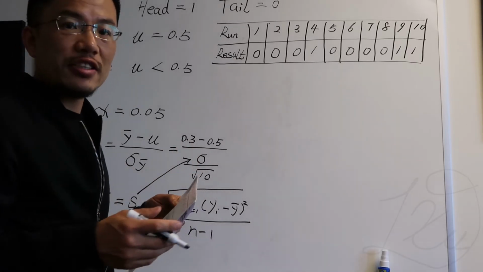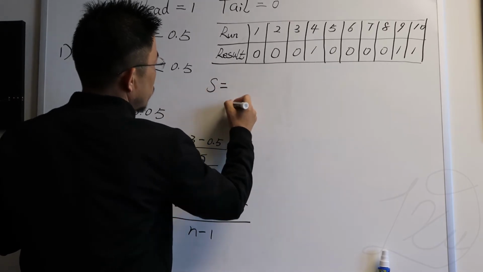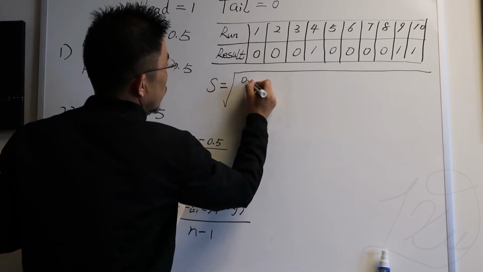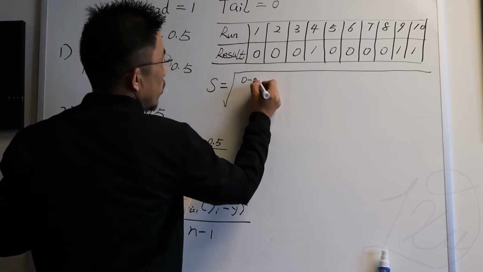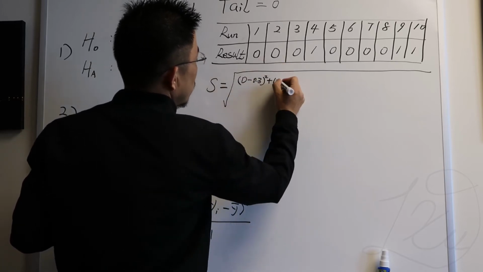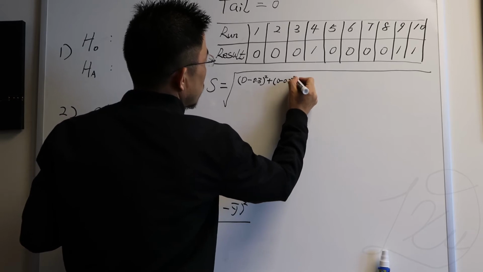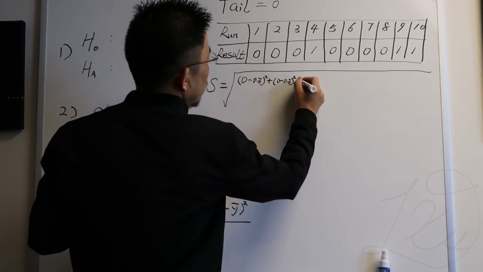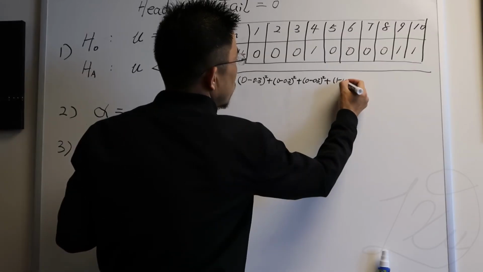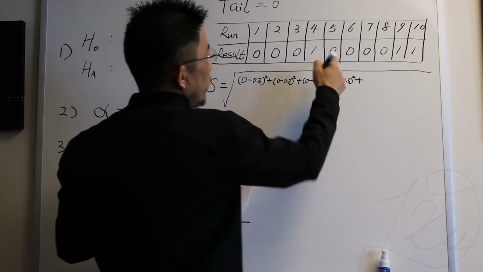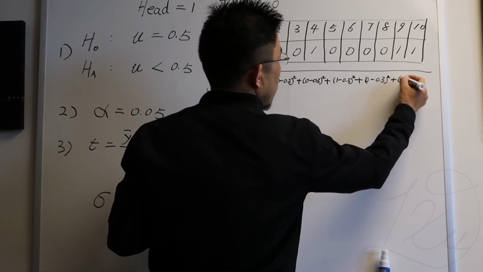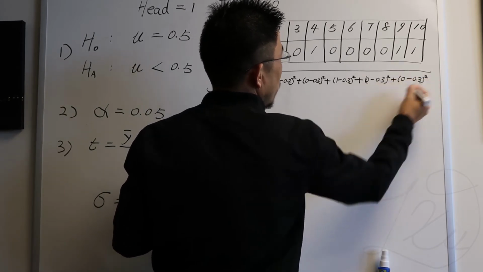Now let's calculate the s first. So s equals the square root of: the first value 0 minus the average 0.3 squared, plus second value 0 minus 0.3 squared. And the third value, 0 minus 0.3 squared. The fourth value, 1 minus 0.3 squared. The fifth value, 0 minus 0.3 squared. The sixth value, 0 minus 0.3 squared.